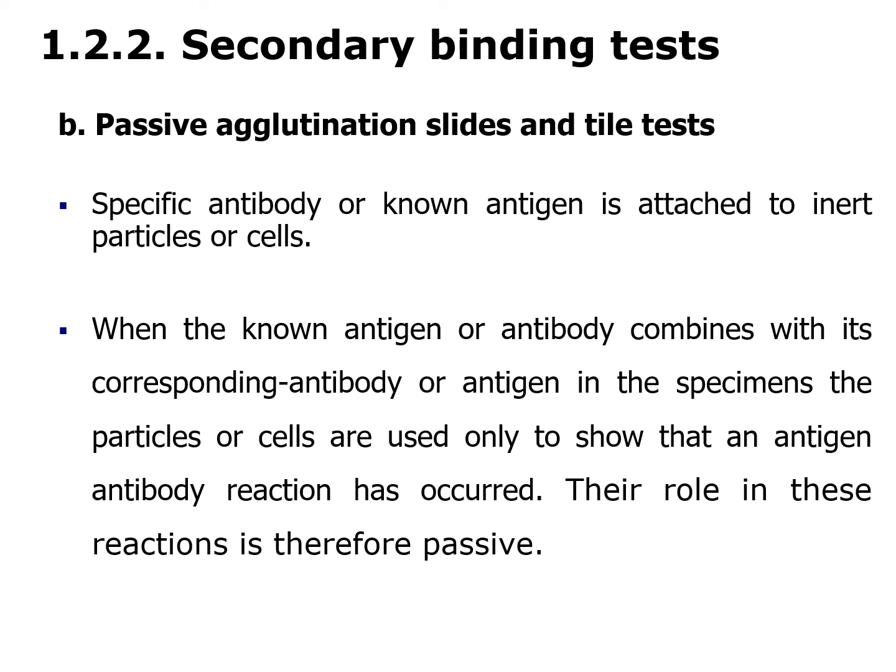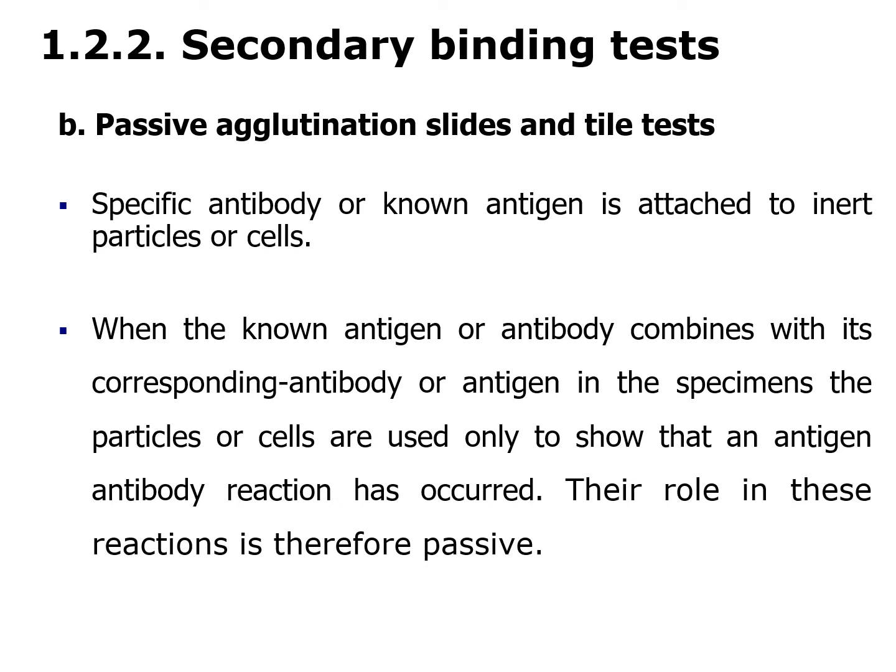Next, the passive agglutination slide test or tile test, because it's made up not of glass but of other materials. Right. A specific antibody or antigen is attached to an inert particle. So this is the requirement for us to say that it is passive.